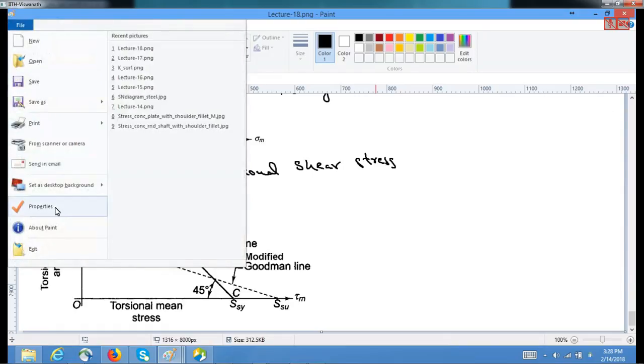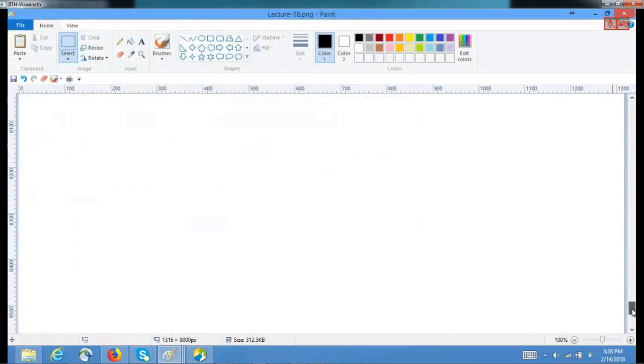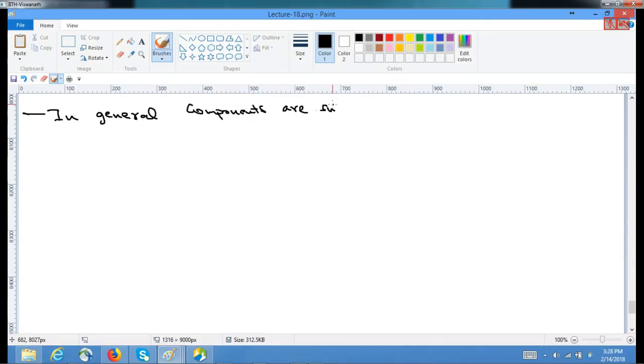So let us define those things, because in general components are subjected to axial, bending and torsional loading simultaneously.